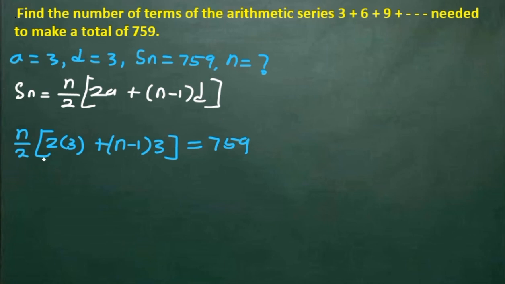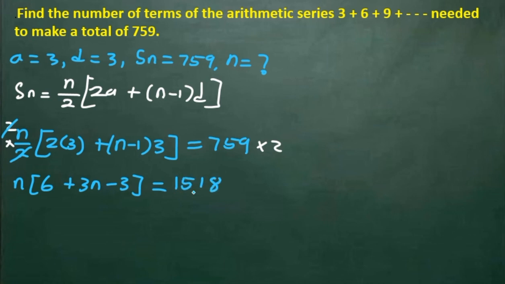I'm going to multiply through by 2, so the 2 is gone, and what I'm left with is n into the bracket 2 times 3 is 6, plus, expanding this bracket, 3 times n gives 3n, and 3 times minus 1 gives minus 3, equals 759 times 2, which gives us 1518.